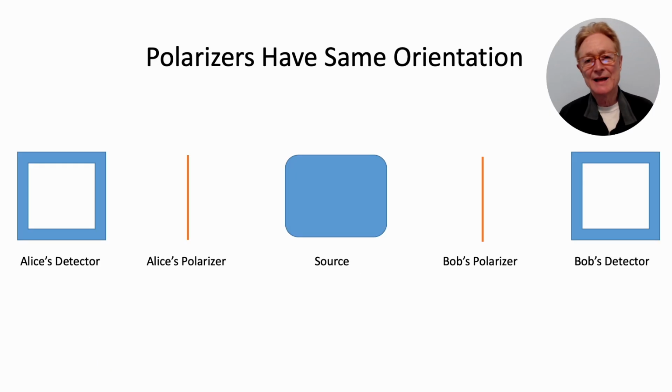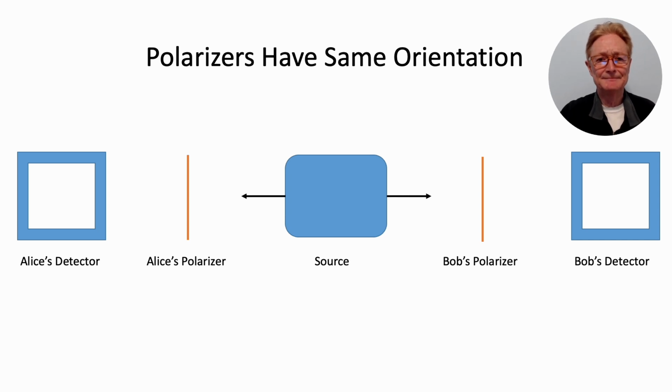Now suppose both Alice and Bob have polarizers, and those polarizers have the same orientation. It doesn't matter what that orientation is as long as both polarizers have it. Photons emitted, neither detector clicks. Photons emitted, both detectors click.